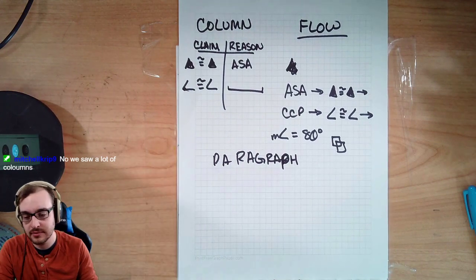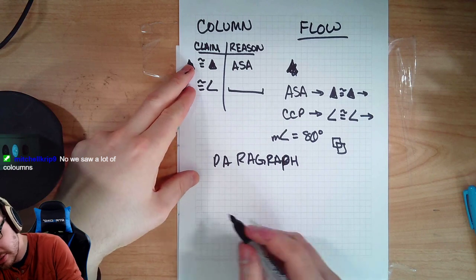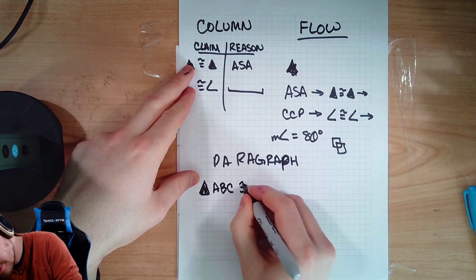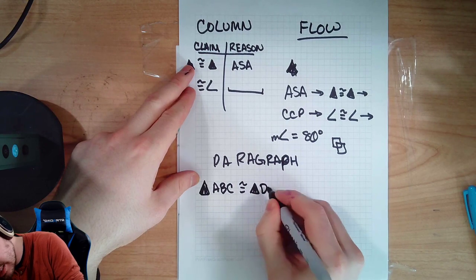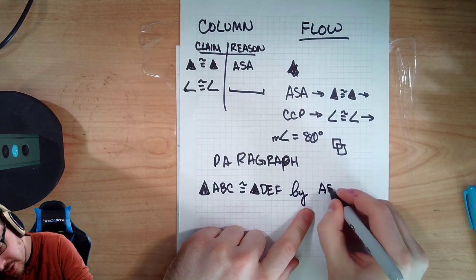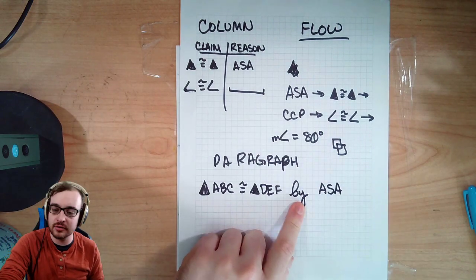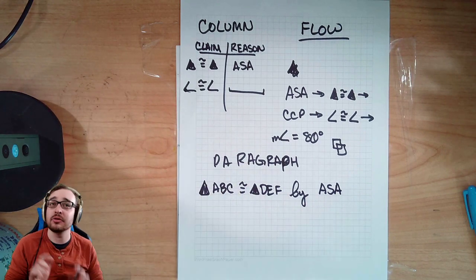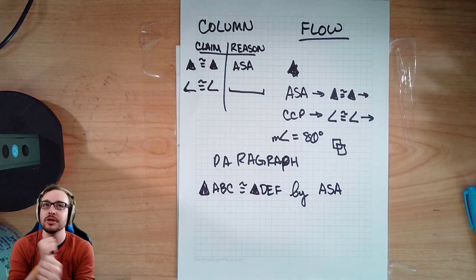Here's what I do. I say something like this: triangle ABC is congruent to triangle DEF by angle side angle. That "by" sort of functions as the line for the column. Here's my claim, here's my reason. The reason I like paragraph proofs is because I can switch the order.